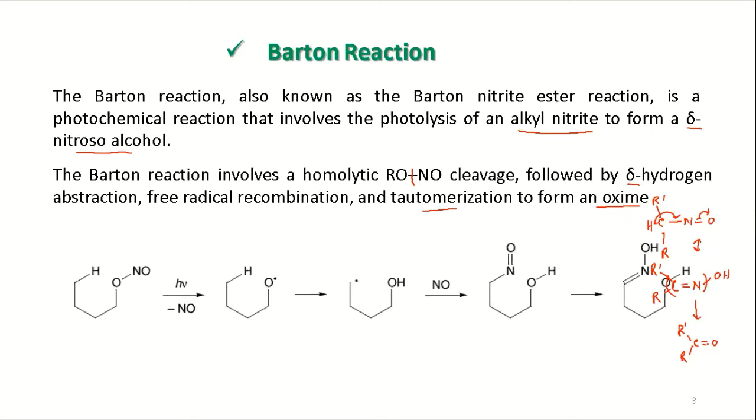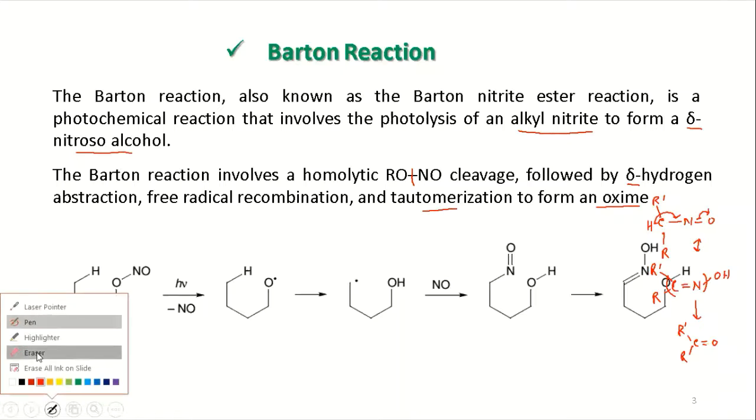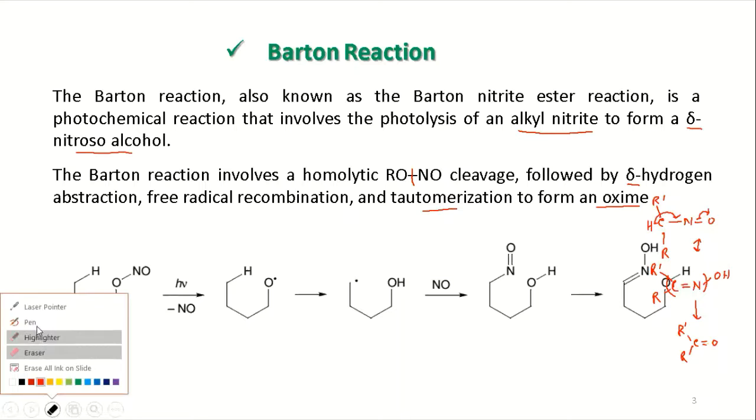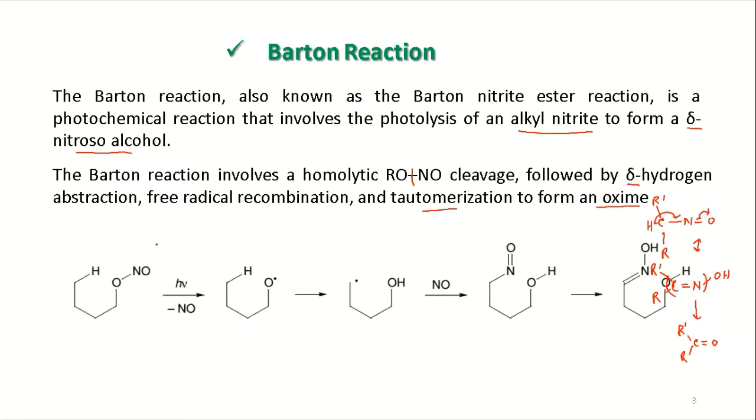So let us look at the mechanism in the simplest way. What we find here is that you have the alkyl nitrite. This is the nitrite, this is the alkyl part. So you have alpha, beta, gamma, and delta. So you should have a delta hydrogen. Now if you shine light, this bond gets cleaved, and you have O dot, and here NO dot will be there.